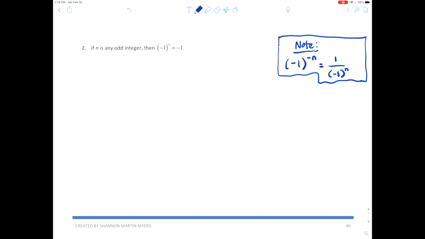All right, so let's get started. I think this is true, so I'm going to write the proof. It's already in terms of an if-then statement. So let's check it out. What have we been given? We've been given in our premise that n is an odd integer.